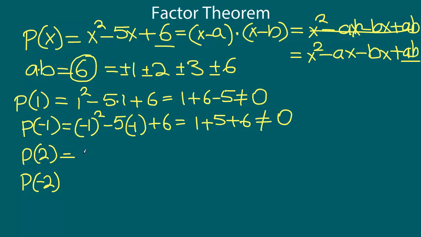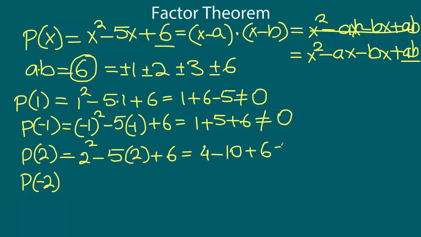What about plus 2? The value of the polynomial at 2 will be 2 squared minus 5 times 2 plus 6. So this will be 4 minus 10 plus 6. 4 plus 6 is 10, minus 10 is 0.